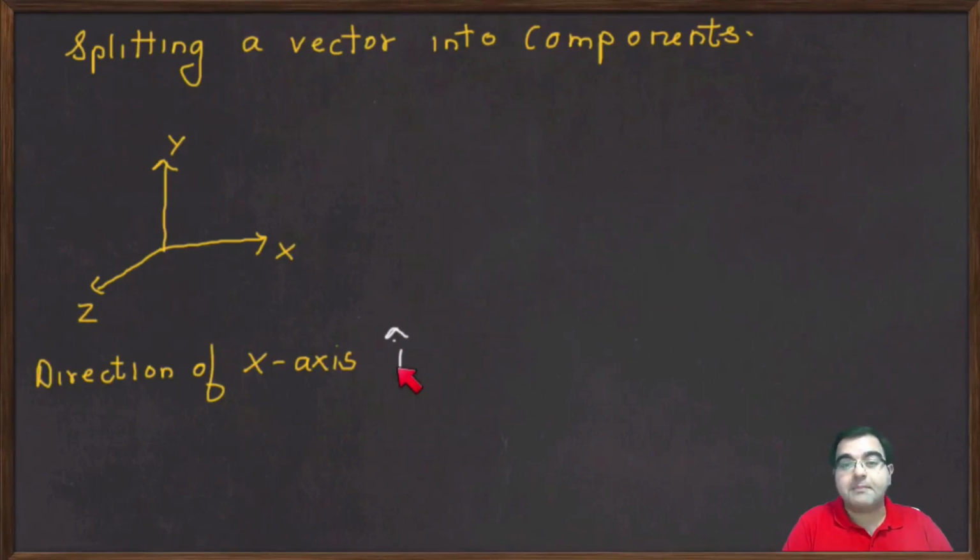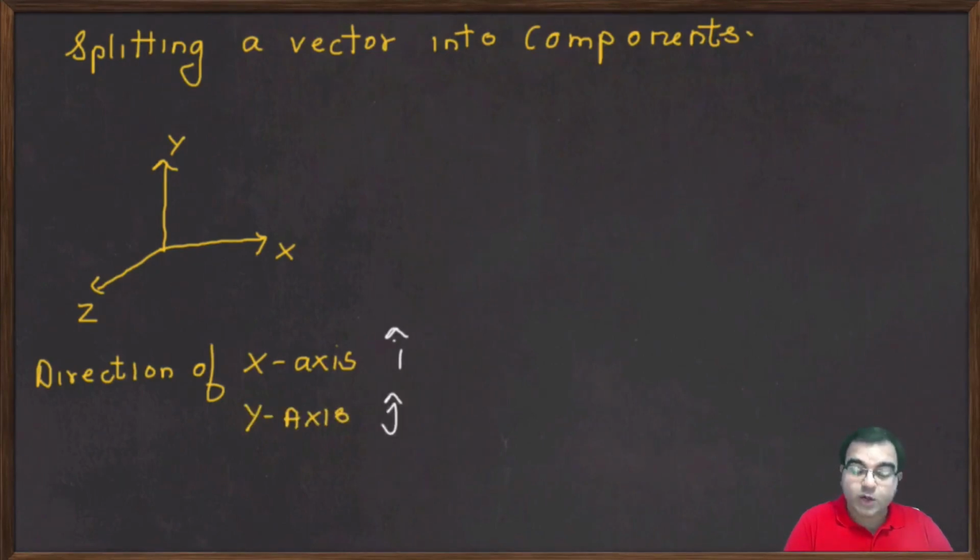So i cap is a unit vector. A unit vector's magnitude is 1, so it only gives you the direction of an axis. Therefore, it is only going to give you the direction.